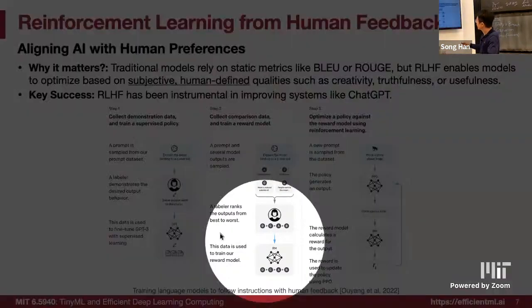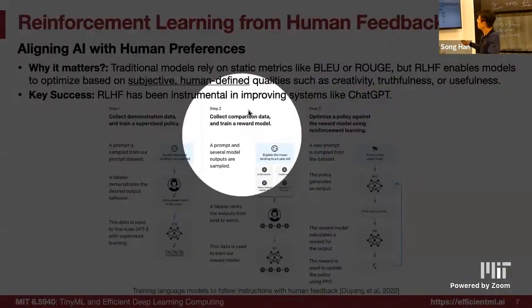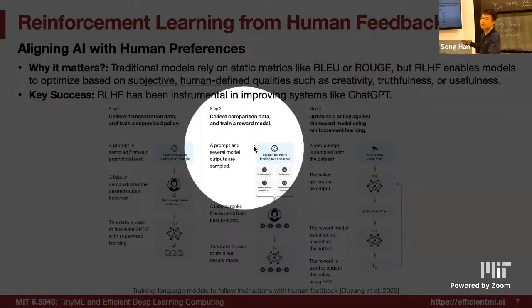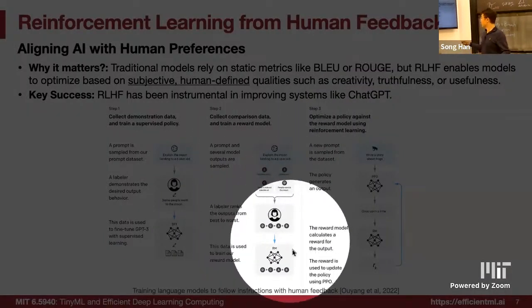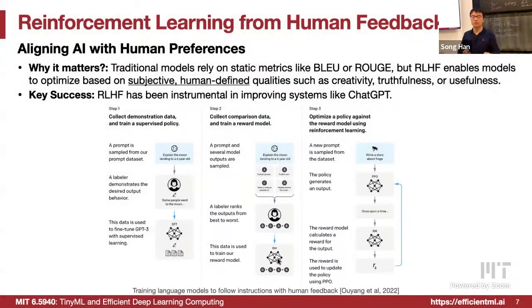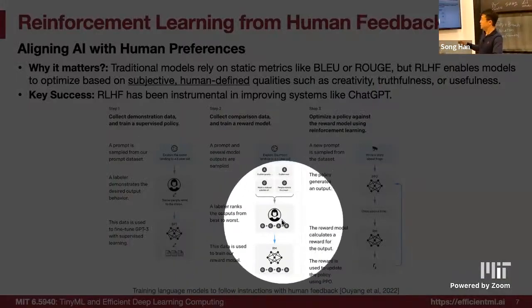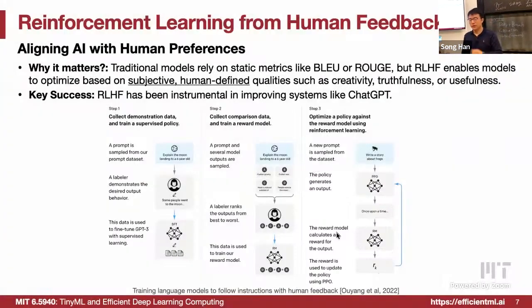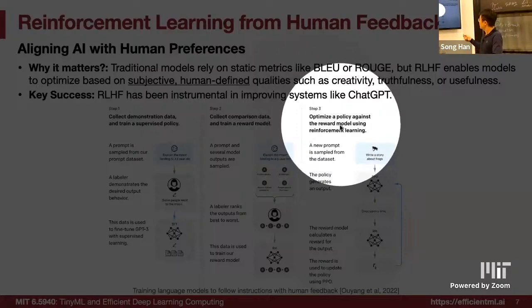And finally, this data is used to train our reward model, so that when a new response comes, we can give it a good judge, telling it whether it's a good answer or a bad answer. So that's the reward model, using such data to train it. Having this reward model, we finally optimize the policy against the reward model using reinforcement learning.